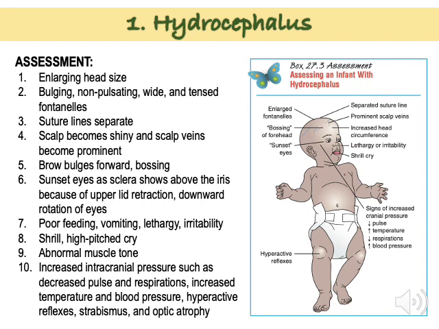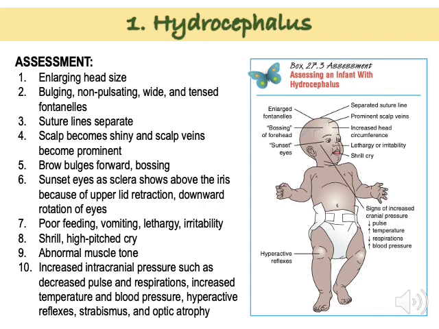Box 27.3 shows assessment findings in an infant with hydrocephalus. These symptoms may either develop rapidly or slowly depending on the cause. Enlarged head size, the fontanelles are bulging, non-pulsating, wide, and appear tense. Suture lines separate, scalp is shiny, and the veins are very prominent.